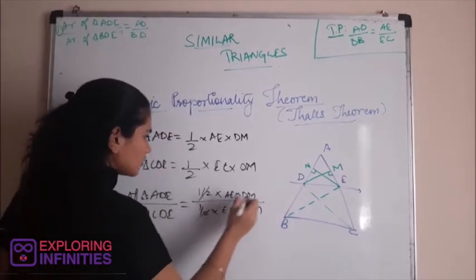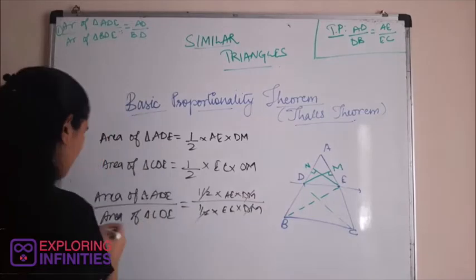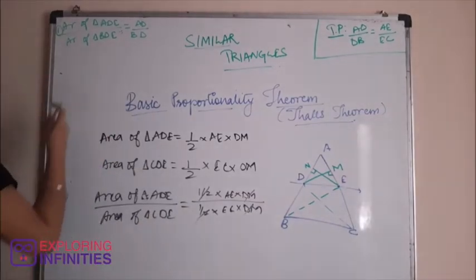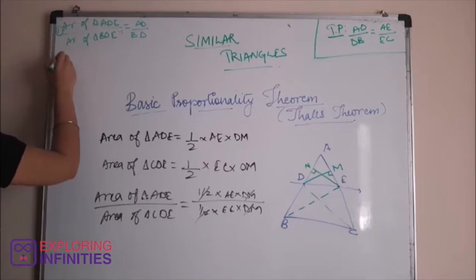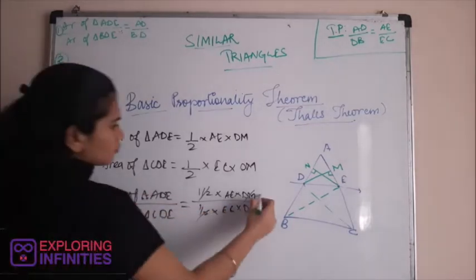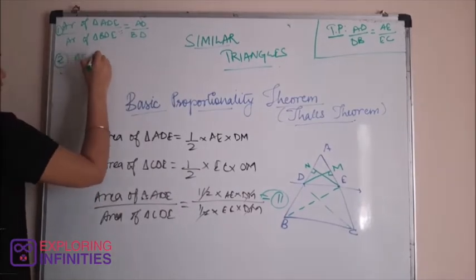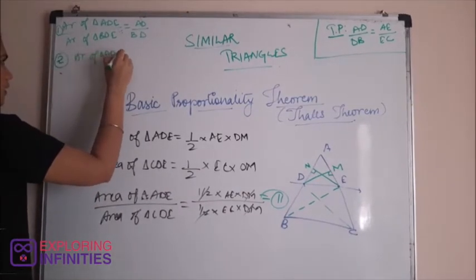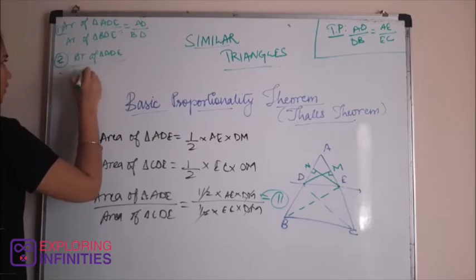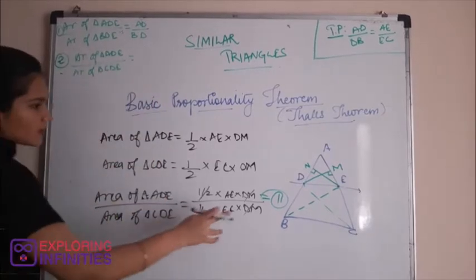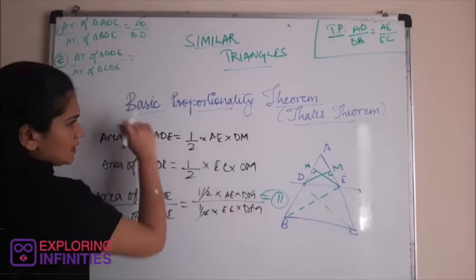We'll cancel out the commons. So the second observation, which we can mark as 2, is that area of triangle ADE divided by area of triangle CDE is equal to what? AE upon EC.